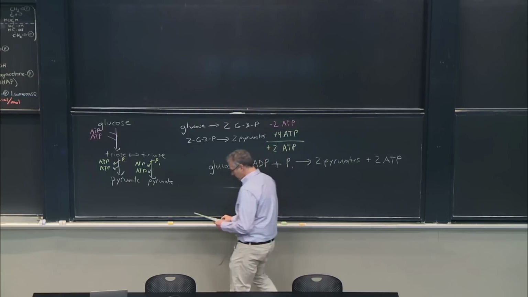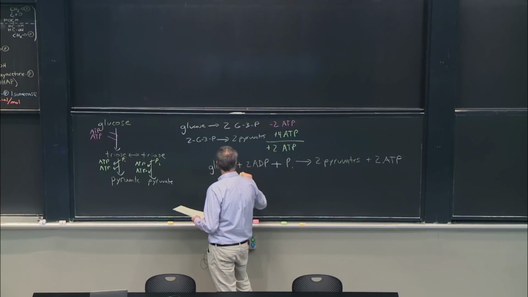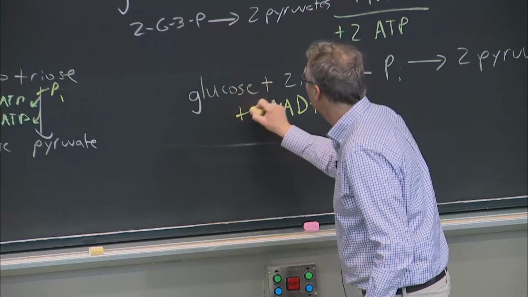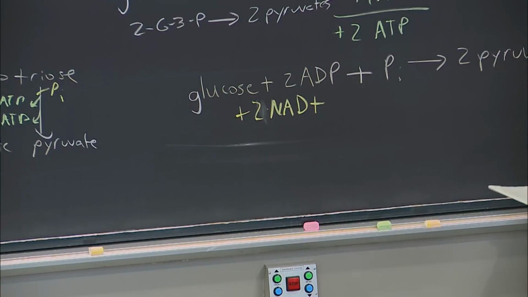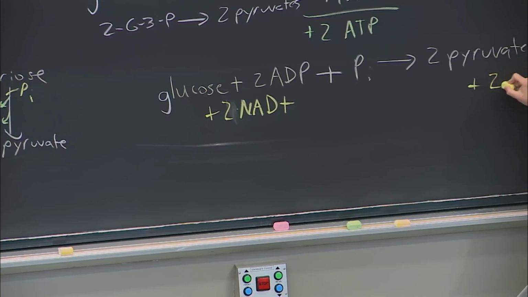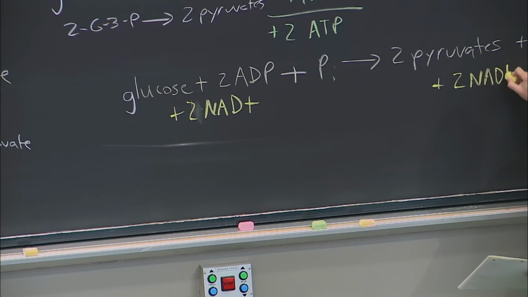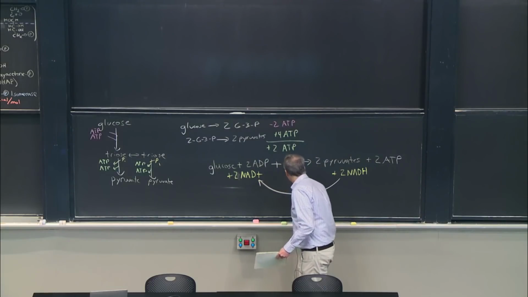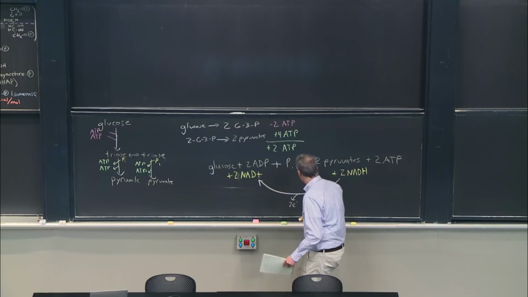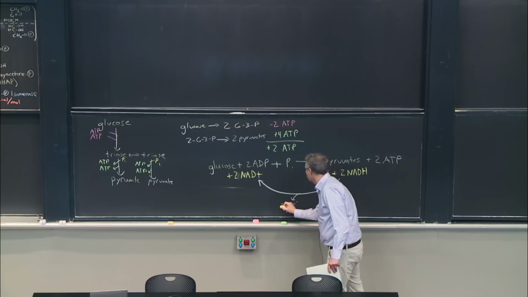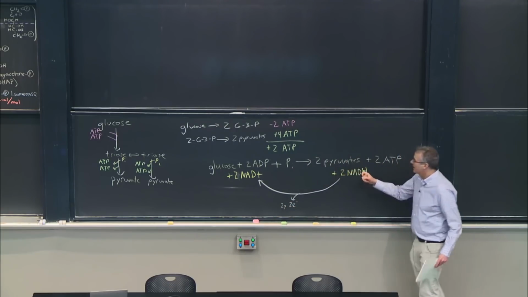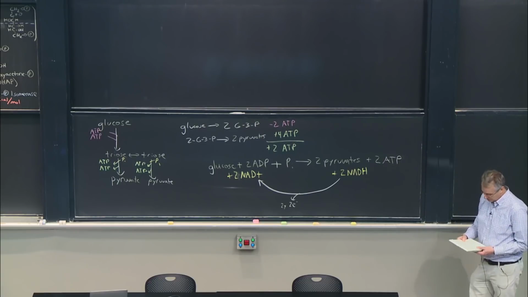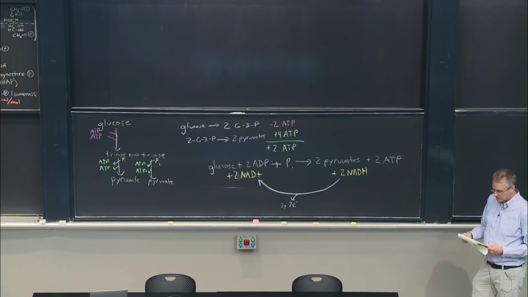In other words, we have to deal with the fact that we required 2 NAD plus to run this pathway and generate 2 NADH. And so we need a way to get rid of those electrons from NADH to regenerate that NAD and allow the pathway to be balanced.